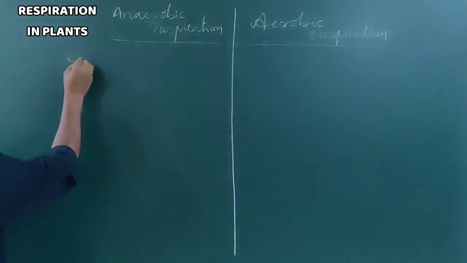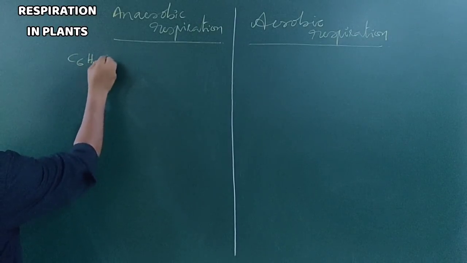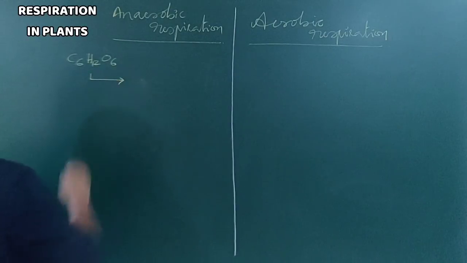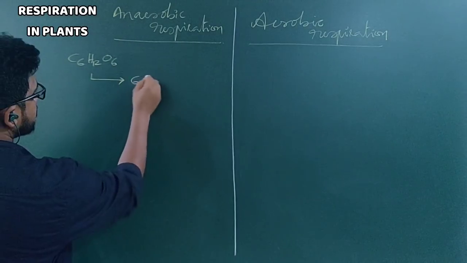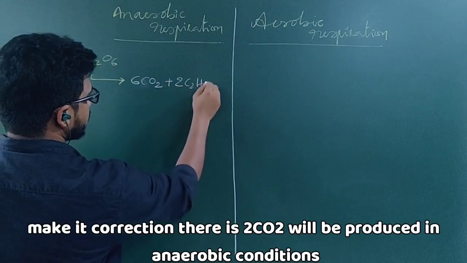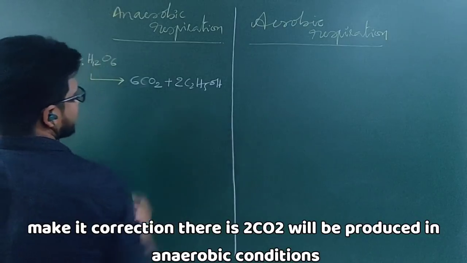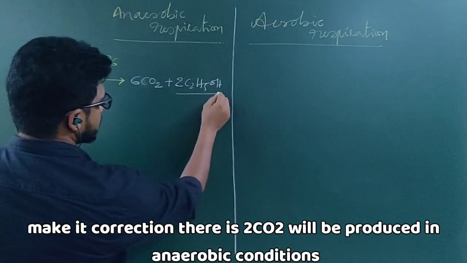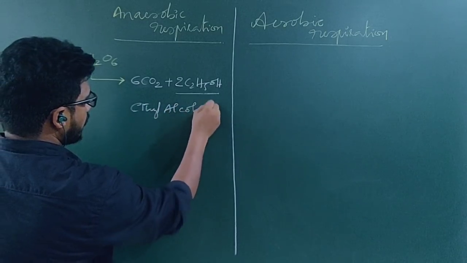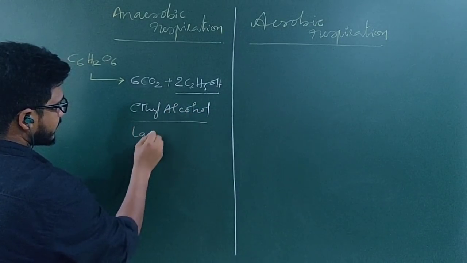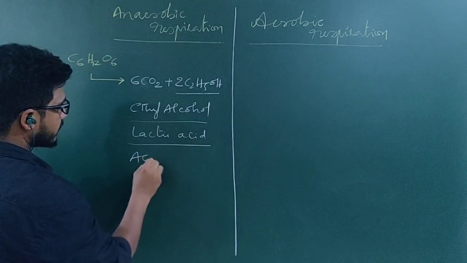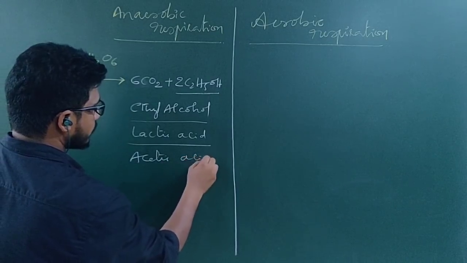A glucose molecule, C6H12O6, which does not require oxygen, when oxidized, produces 6CO2 plus 2C2H5OH, nothing but ethyl alcohol. So ethyl alcohol or lactic acid or acetic acid are produced.